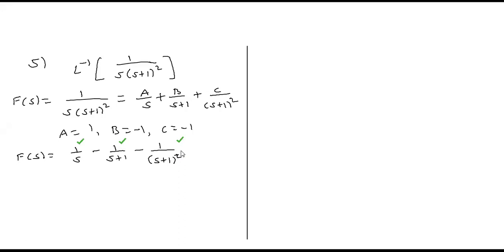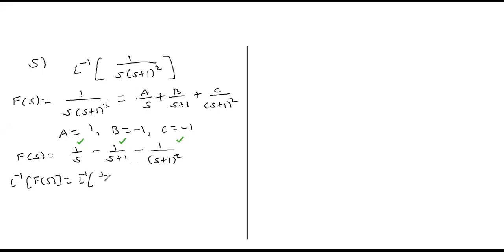No. But do I know how to find the inverse transform of this function? Yes, by using the first shifting property. Right. So because I know how to find the inverse transform of each term, now I can apply linearity property and find out the answer.